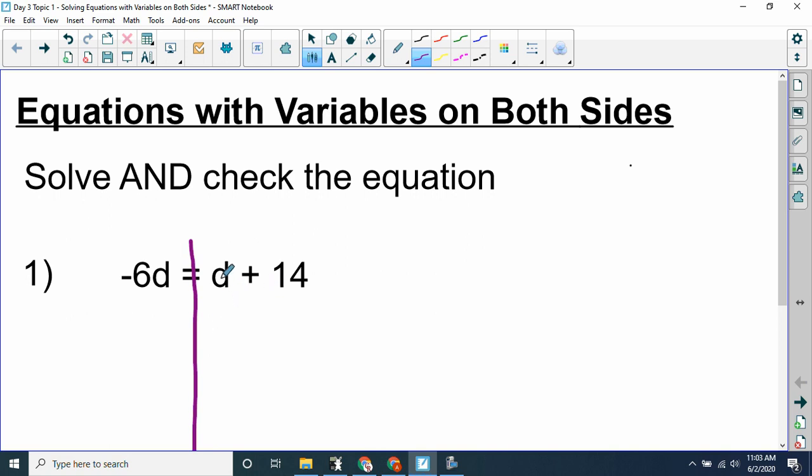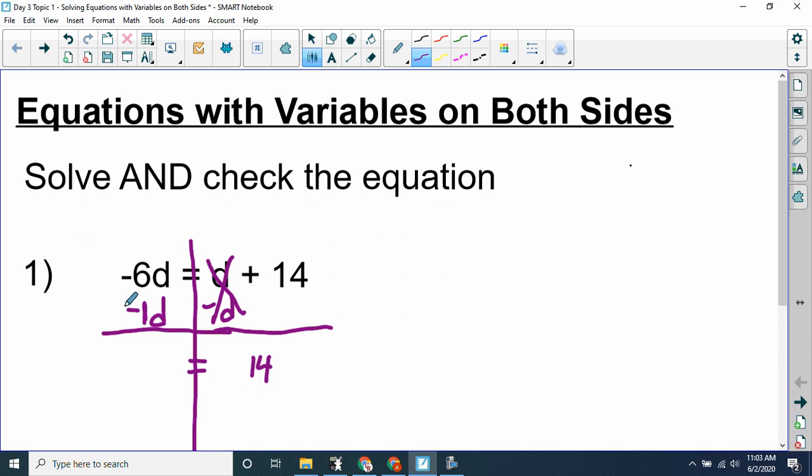And I can do that by subtracting 1d from this side right here. If I subtract d from the right side of the equal sign, I need to subtract d from the left side as well. So I have 14, my equal sign comes down. Negative 6d minus 1d. We've been working on combining adding and subtracting integers all week.